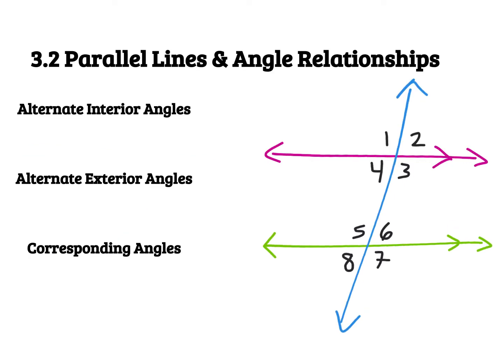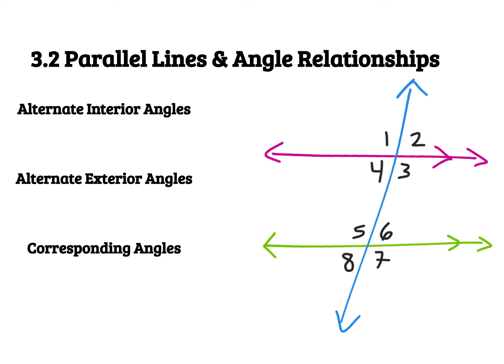Let's talk about these first three on the left. Okay, alternate interior angles. So one example of an alternate interior angle here is 4 and 6. We also have 3 and 5. They're alternate interior, they're opposite sides, and they're on the inside of these two lines. When these are parallel, the relationship is this.